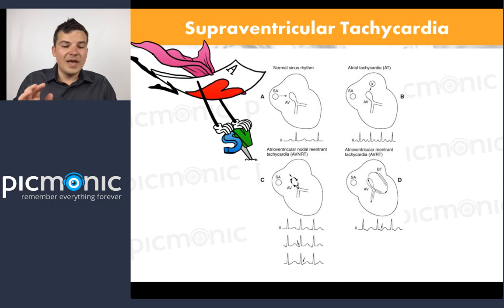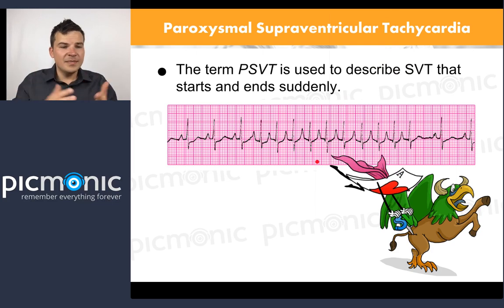There's also a way where we have, before I forget, re-entry SVT. So it can be caused by other accessory pathways that basically, here's a good example right here in this one. So atrial tachycardia, which we have a slide on, and then just re-excitation of that AV node causing overstimulation.